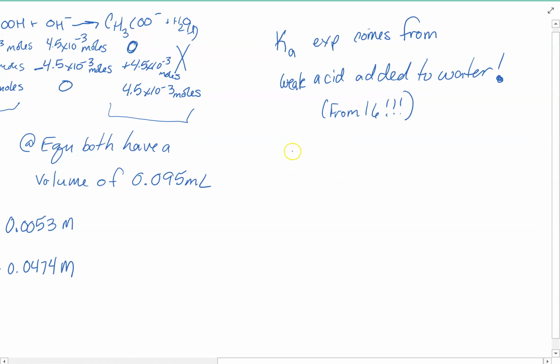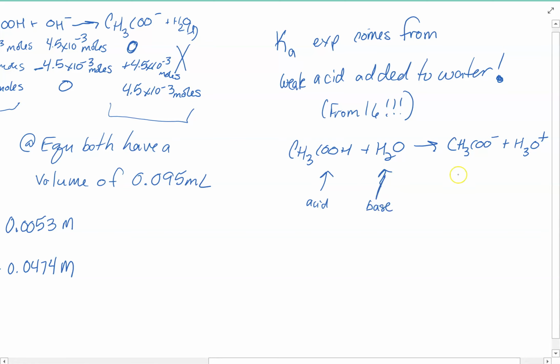So Ka is going to be dependent on this expression. So this proton gets added to this base, also known as water, leaves behind the conjugate base of the weak acid and the hydronium ion.